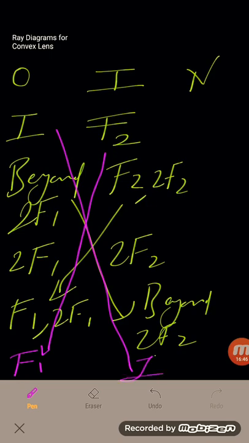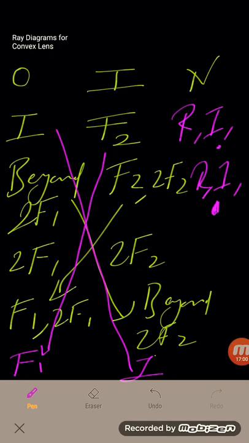Let's see the nature of the image. In first case, it's real, inverted, point size. In second case, it's real, inverted, and still it's diminished. In third case, it's real, inverted, same size, right? In next case, it's magnified, okay, real, inverted.